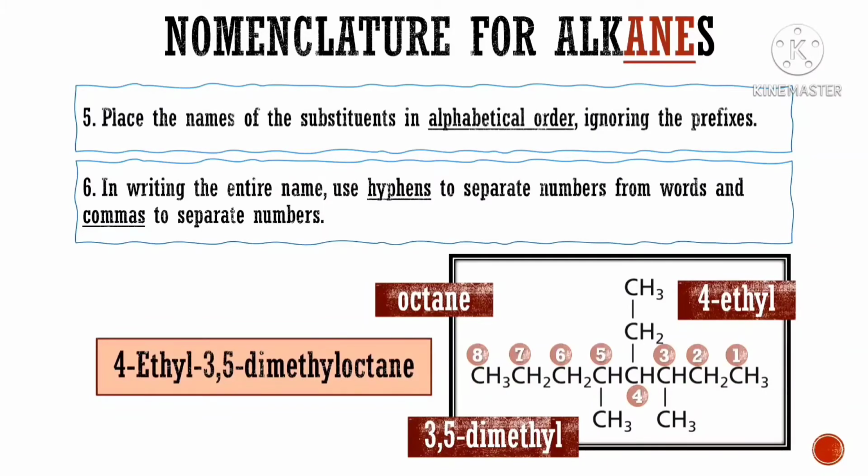Third, substituents must be written in alphabetical order with correct use of punctuation marks, such as comma and hyphen. So the substituent ethyl is listed before the dimethyl because E comes before M. Again, the name is 4-ethyl-3,5-dimethyloctane.